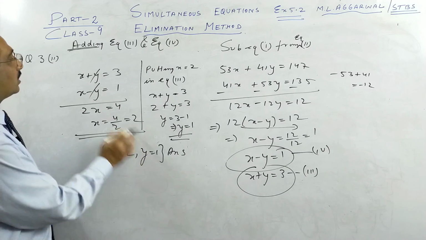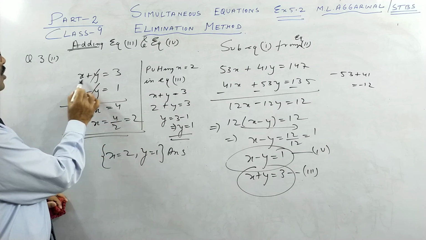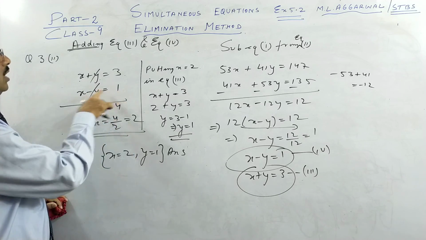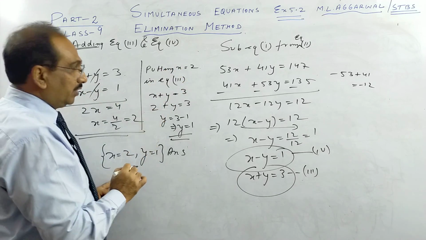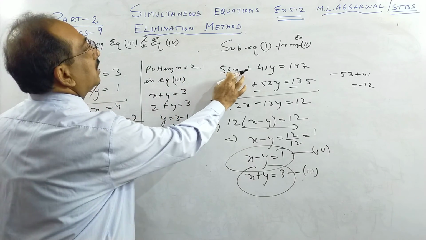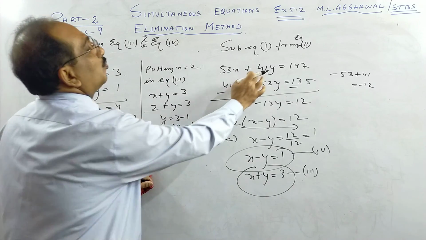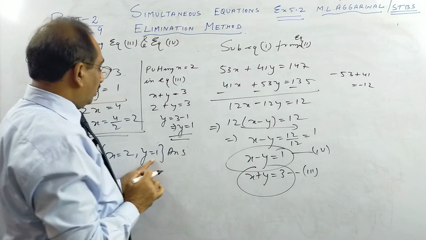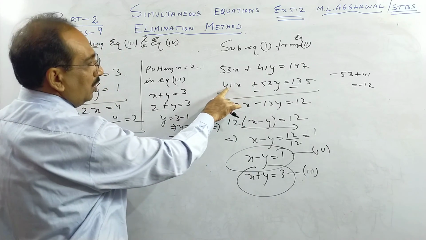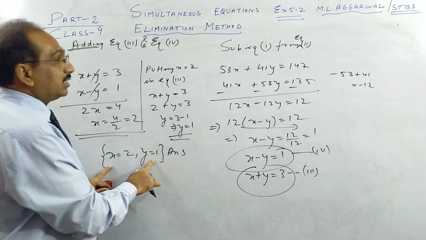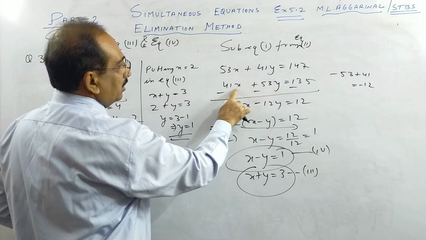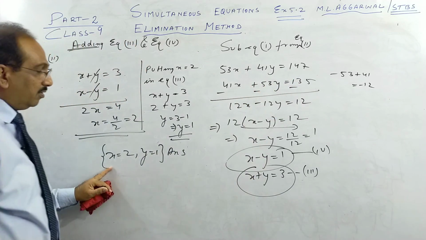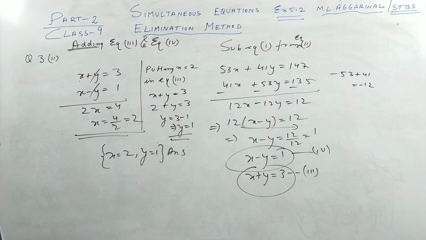Put the value of x and y: 2 plus 1 is 3, 2 minus 1 is 1. Go to the original equation. If you put x as 2, 53 times 2 is 106, y you put 41 into 1. So 106 plus 41 is 147. Put x as 2, 41 times 2 is 82, plus y as 1, 53. So 82 plus 53 is 135. So you can verify your answer and check.